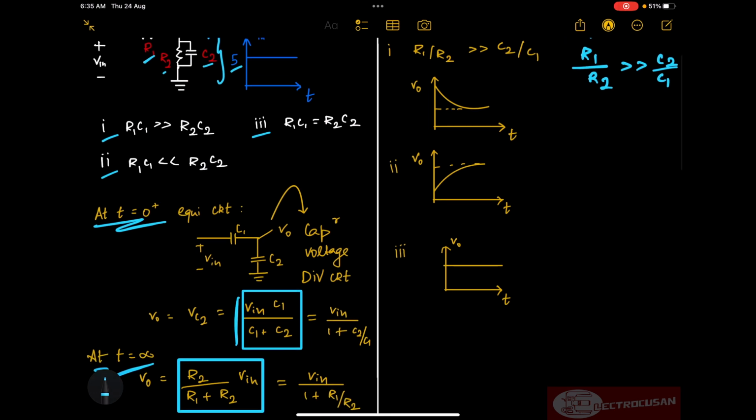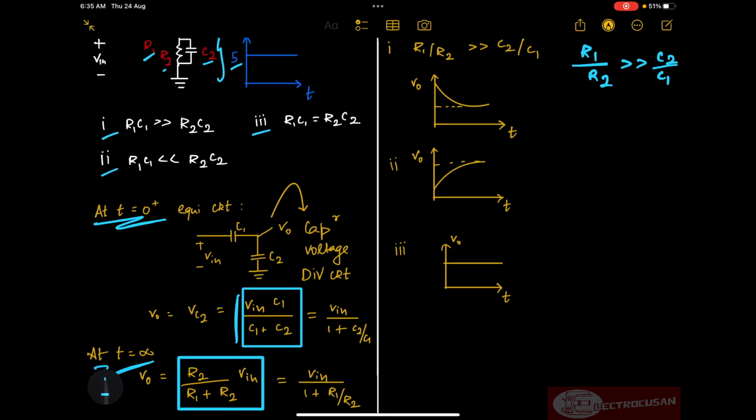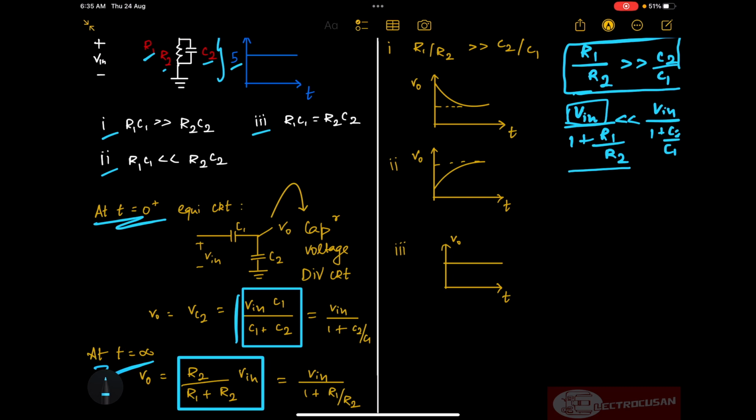As you can see, R1 divided by R2 is much greater than C2 by C1. We can conclude that Vin divided by 1 plus R1 by R2 is much lesser than Vin divided by 1 plus C2 by C1. So this is the value of output at t equal to 0.